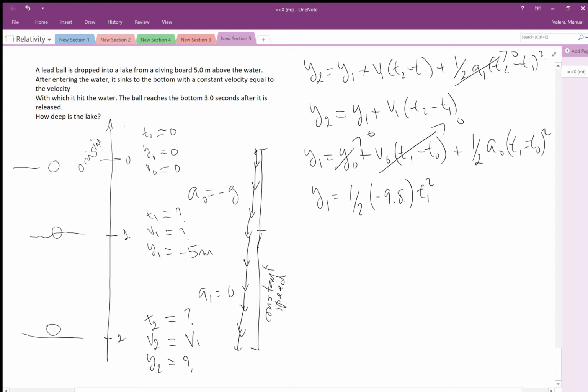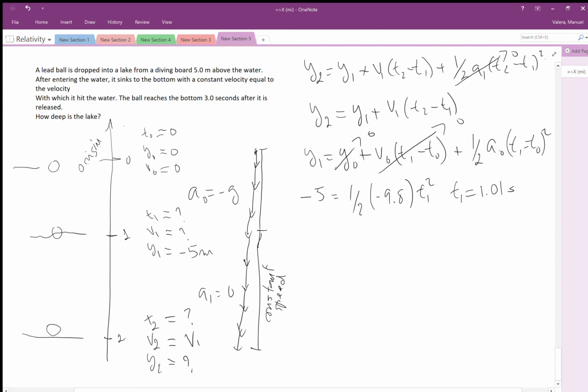We know y1, right? y1 was minus 5, so the minus signs cancel. And I can solve for t1, and I get that t1 is equal to 1.01 seconds.